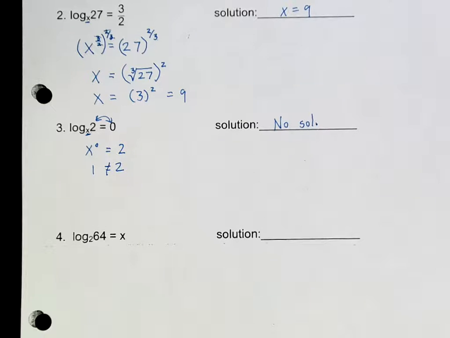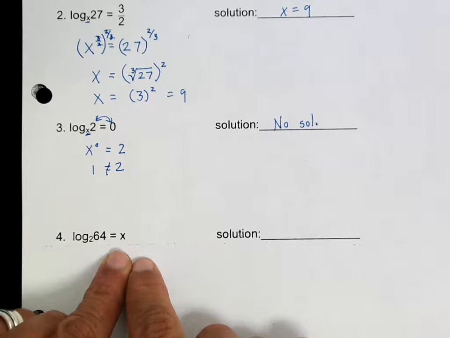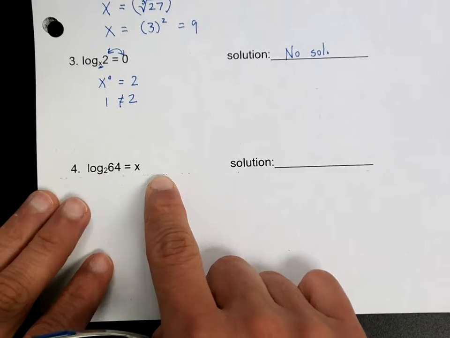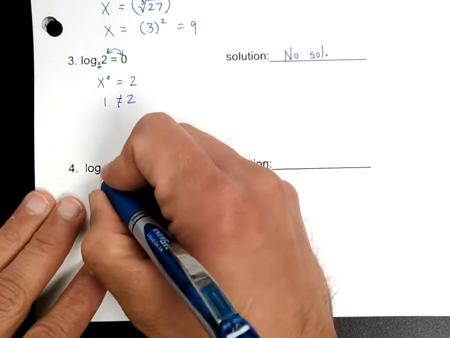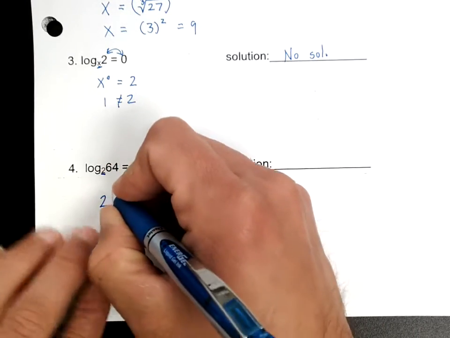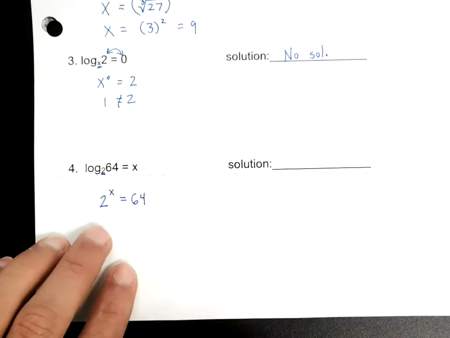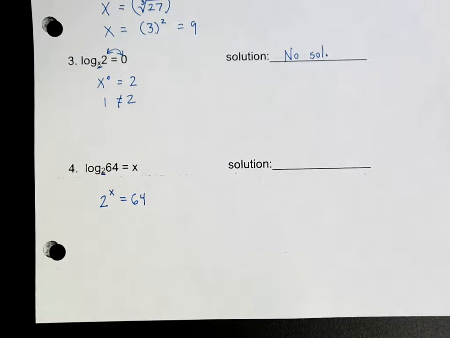Now, on the last example on this page, same thing. We have a logarithm, and we have an x on the other side, or some quantity. We're going to rewrite this as an exponent. So this is going to be the base to the x power is equal to 64. And on this one, it's like the ones we did previously: 2 to the what power is 64, right?